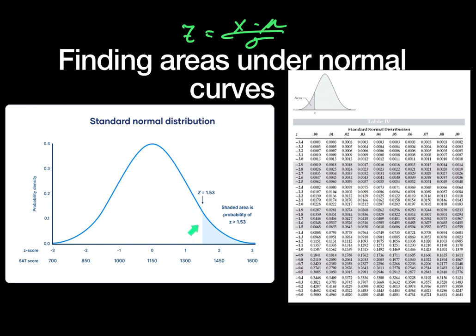But here's what it says. So if I find a z-score, and I go, oh, my z-score is 1.53, and I want to find this area up here. If you're in calculus, you could take the antiderivative of the equation, which is a beast of an equation, but you could do it and find the area from 1.53 to positive infinity.